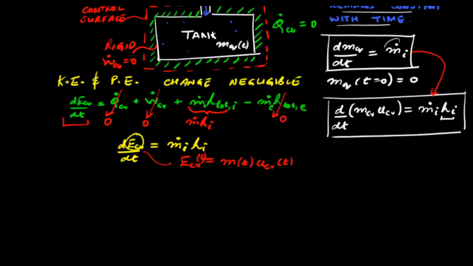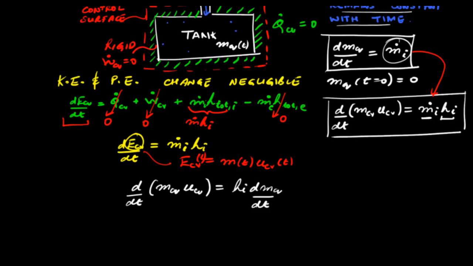So when we substitute the expression for m dot i from this equation over here, we get d by dt of m_CV u_CV is equal to h_i dm_CV by dt.